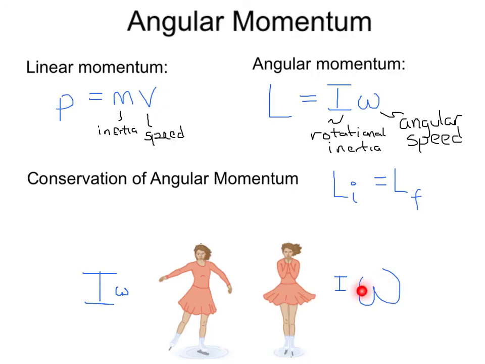Why exactly does she speed up, or increase her angular speed, when she reduces her rotational inertia? Well, the conservation of angular momentum tells us why. That is, her angular momentum before the spin must equal the angular momentum after the spin. This initial angular momentum, based on a large rotational inertia and a small angular speed, has to equal the final angular momentum. So if we decrease the rotational inertia, the angular speed has to increase to conserve angular momentum.